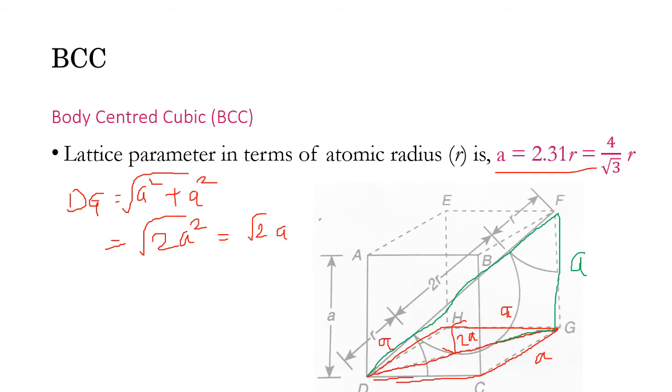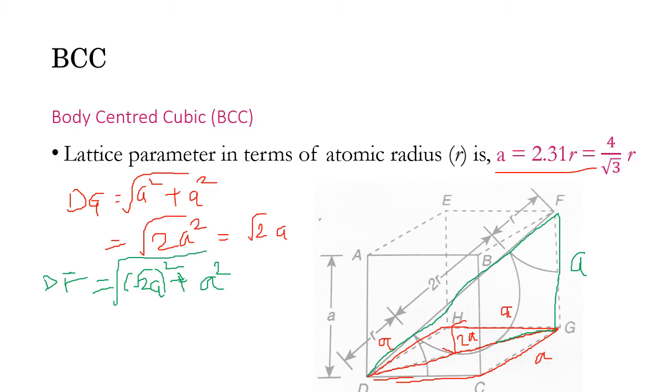Then we get the body diagonal DF is equal to the square root of (root 2 a) squared, which is the length of the side DG, plus a squared, the length of another side FG.